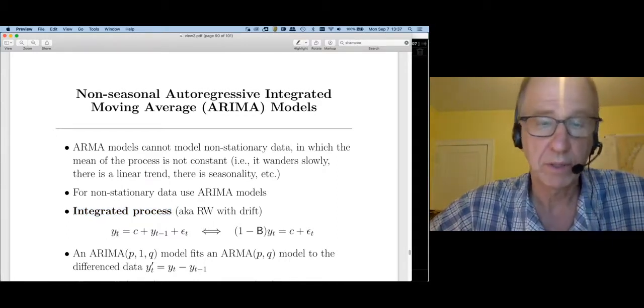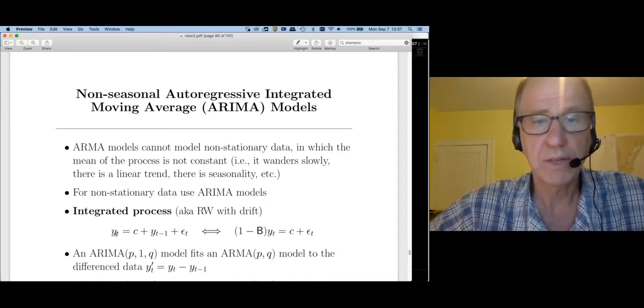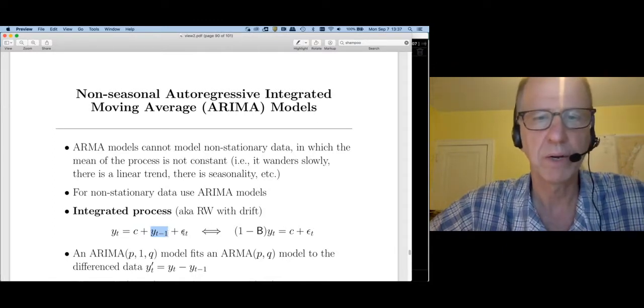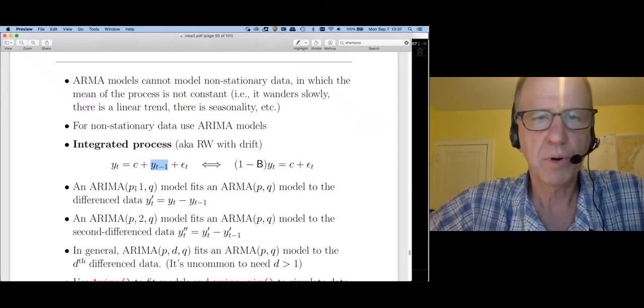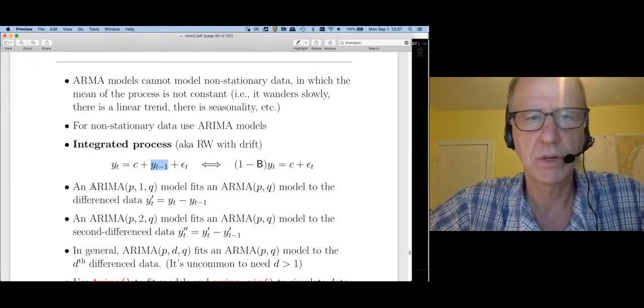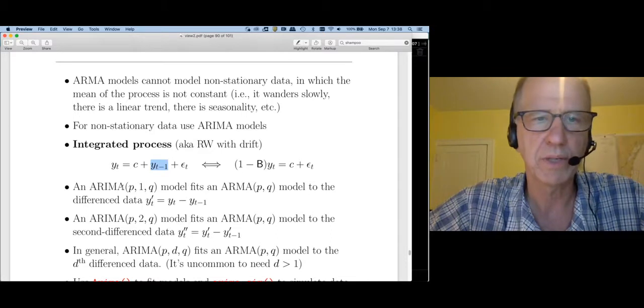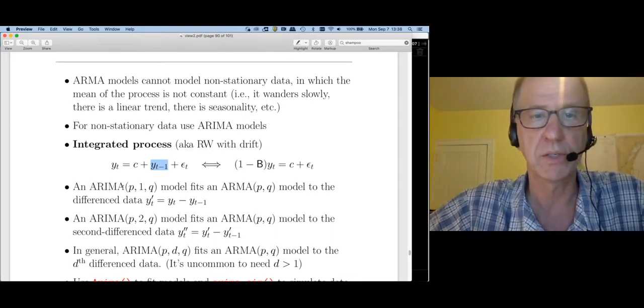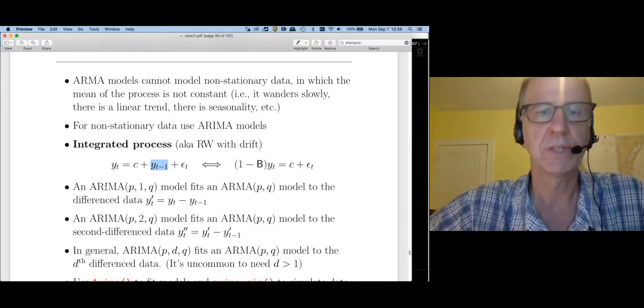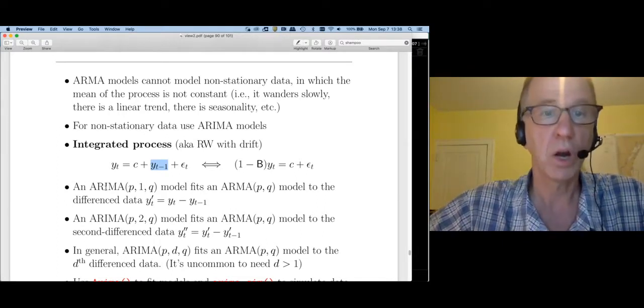It just says that my current observation is some drift constant plus where I was, and then some random error. We're going to now add this integrated process. So instead of just having an autoregressive moving average process, we're going to have an autoregressive integrated moving average process, where we add this differencing step before doing the ARMA model.